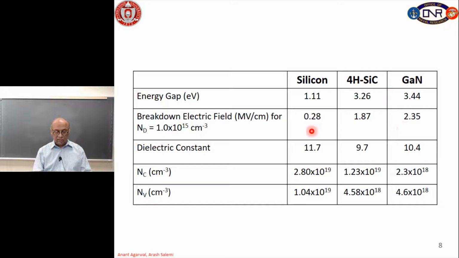And remember, these numbers only correspond to this doping. As we increase the doping, the critical field values will go up. Dielectric constants are about the same, and effective density of states NC and NV are given here for reference.